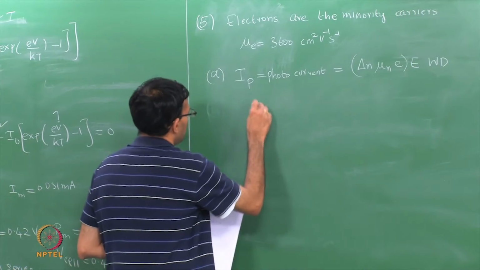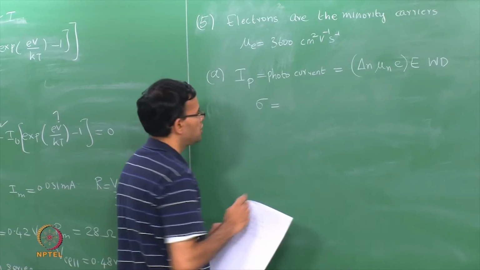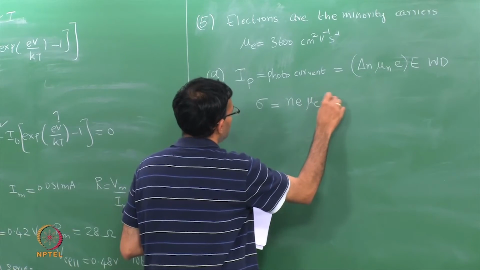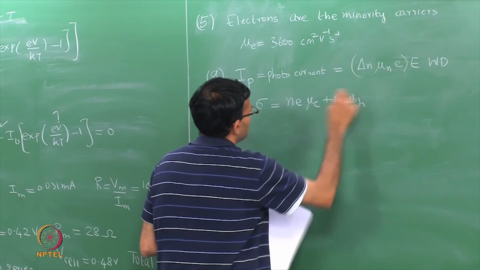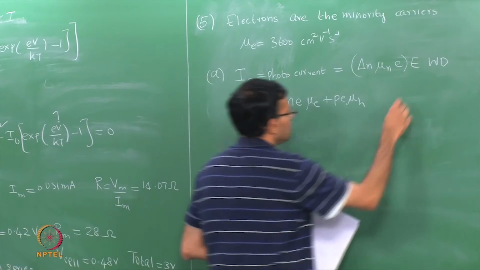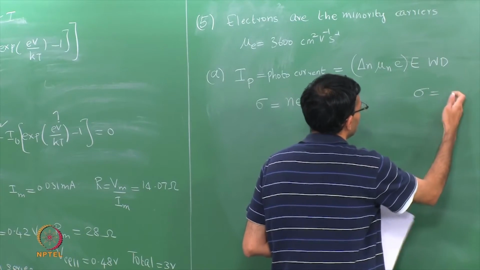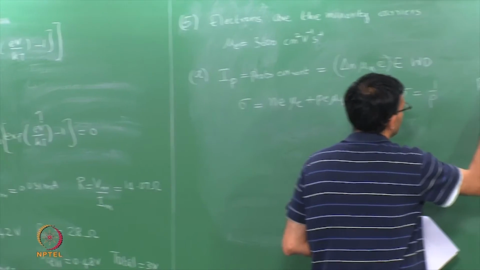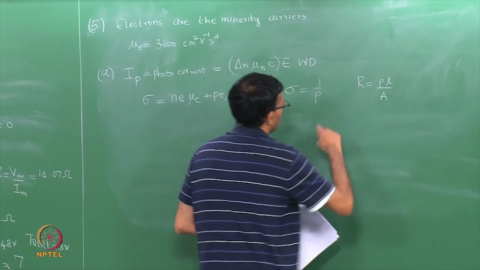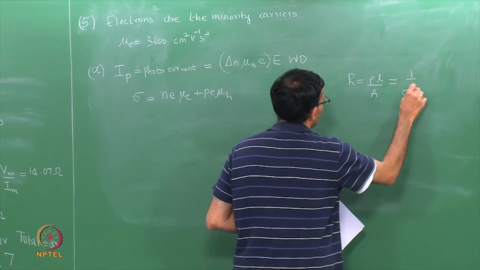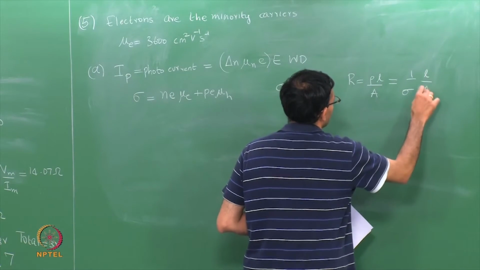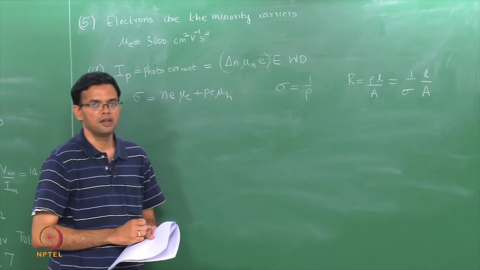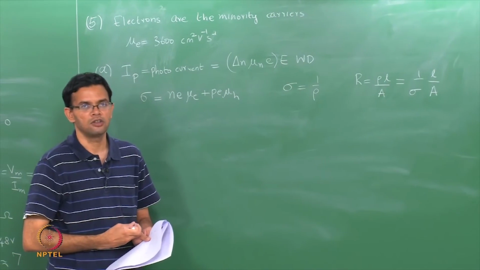This expression comes from the original expression for conductivity. Conductivity is n e mu e plus p e mu h. Conductivity sigma is related to the resistivity as 1 over rho, and R is nothing but rho L over A, so this is 1 over sigma times L over A. So, this is the expression for the current due to the increase in the electron concentration.